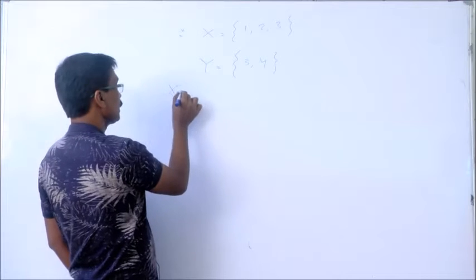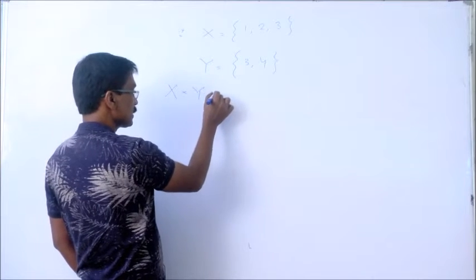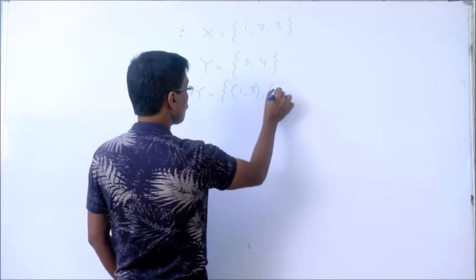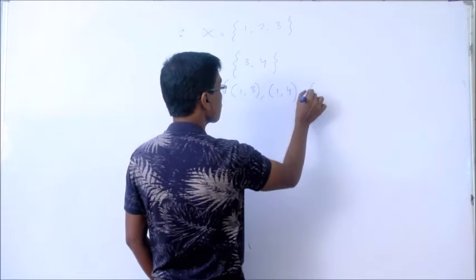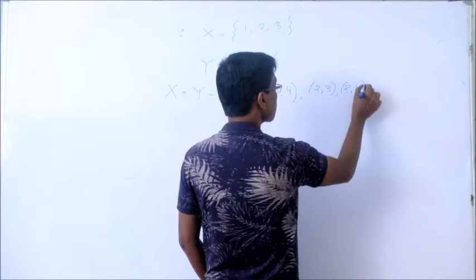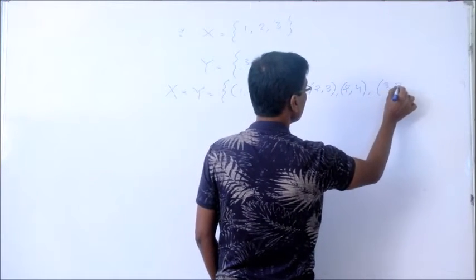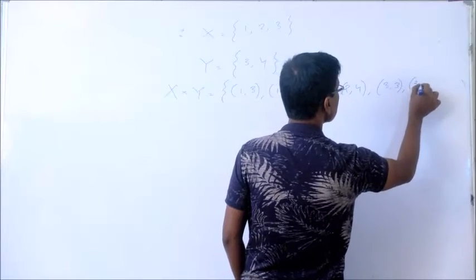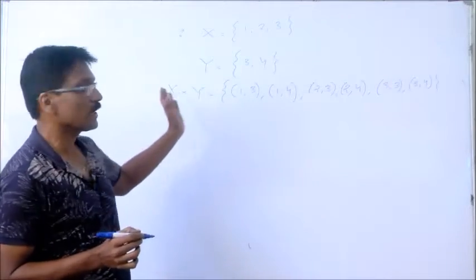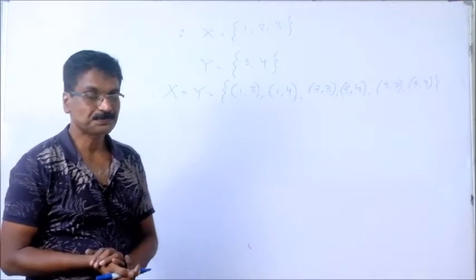Then obviously x cross y has 6 elements, that is (1,3), (1,4), (2,3), (2,4), (3,3), (3,4). So, this is x cross y Cartesian.